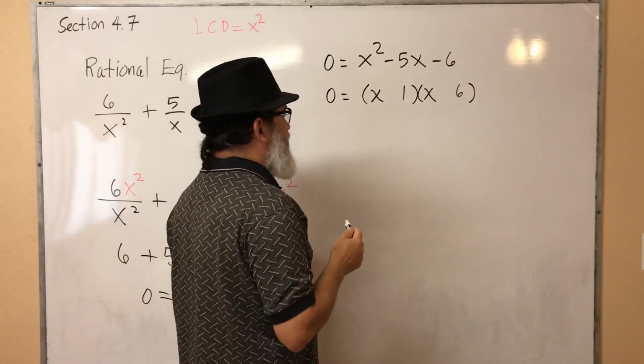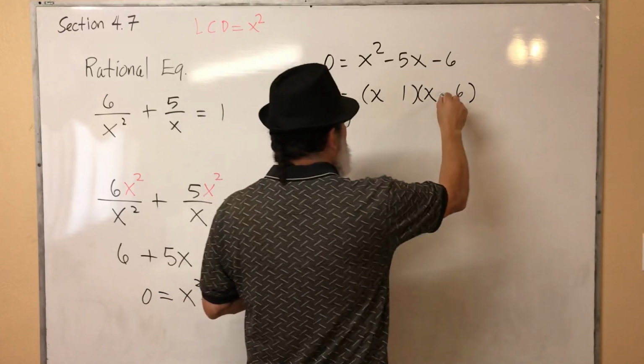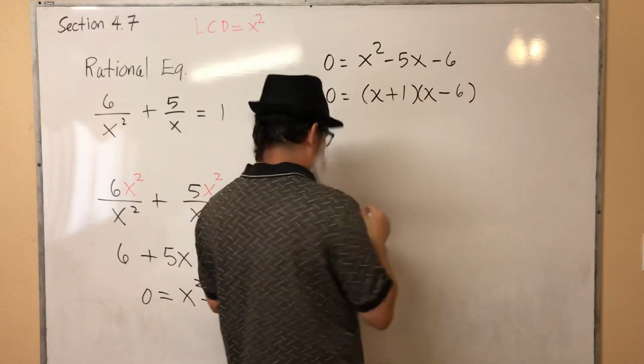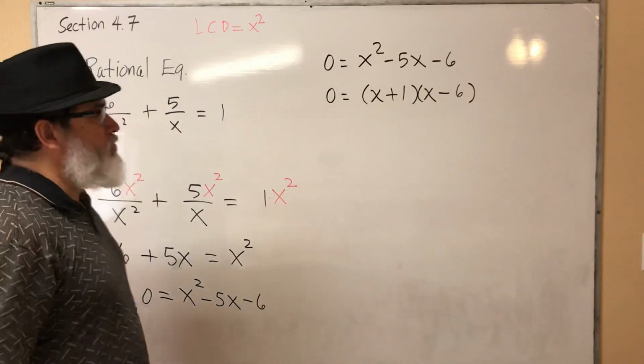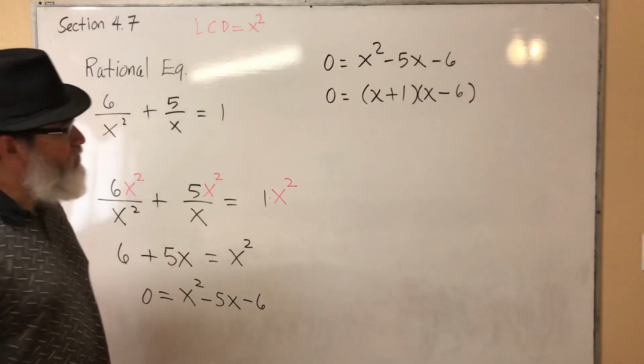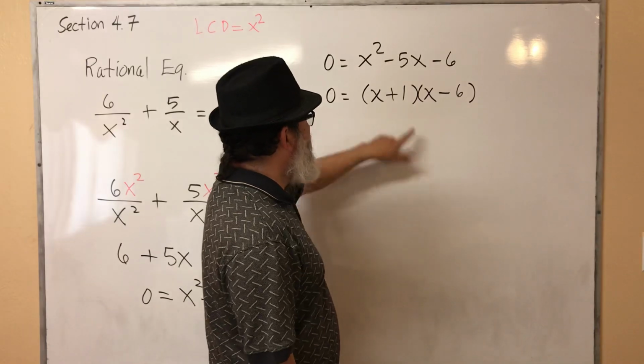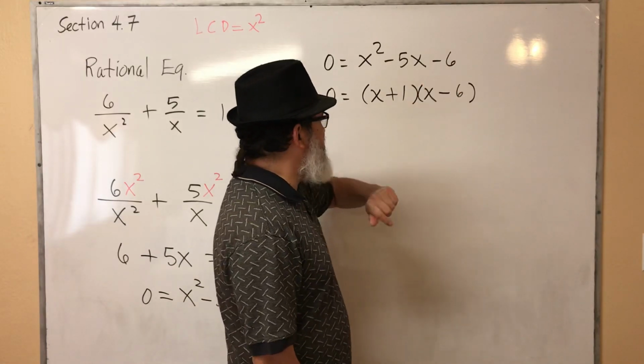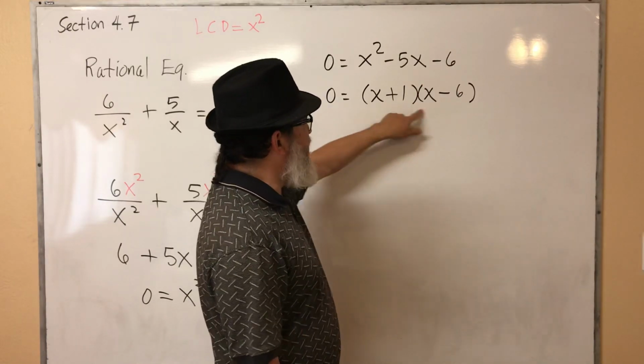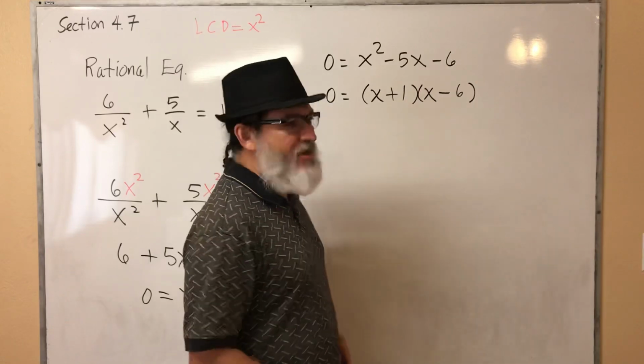We need one positive, one negative. Let's make this negative and let's make this positive. Okay? So x times x is x squared. 1 times negative 6 is negative 6. And then we have 1x minus 6x is negative 5x.